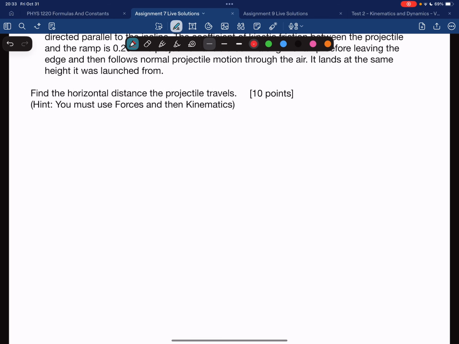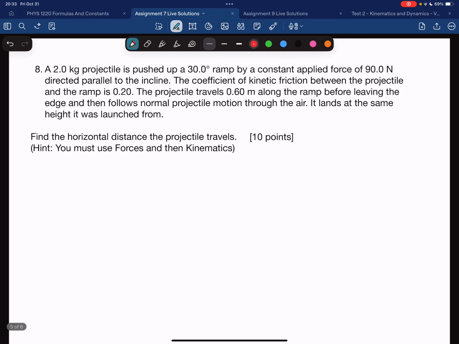Last question, the big one here. A 2-kilogram projectile is pushed up a 30-degree ramp by a constant applied force of 90 newtons directed parallel to the incline. The coefficient of kinetic friction between the projectile and the ramp is 0.2. Again, this is kinetic, so it is moving.